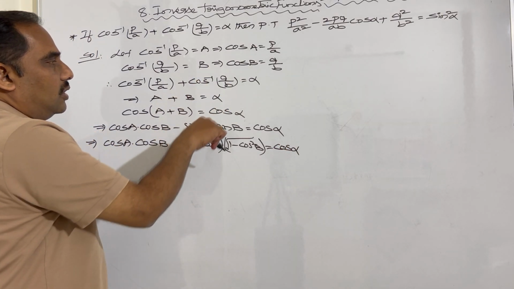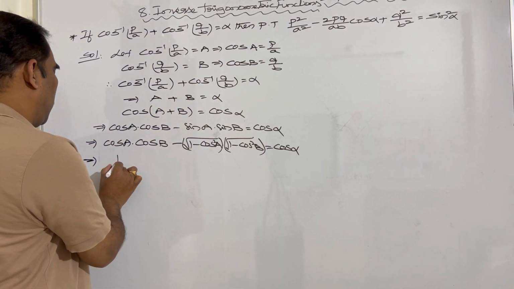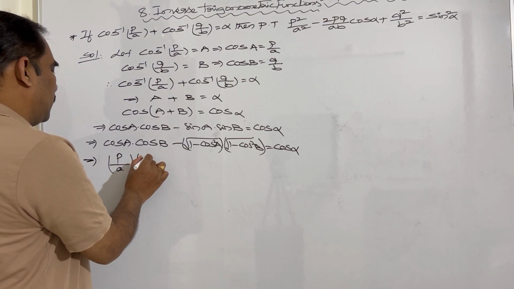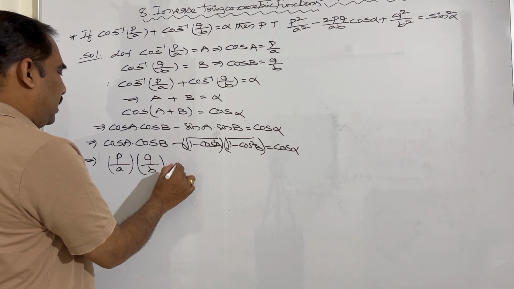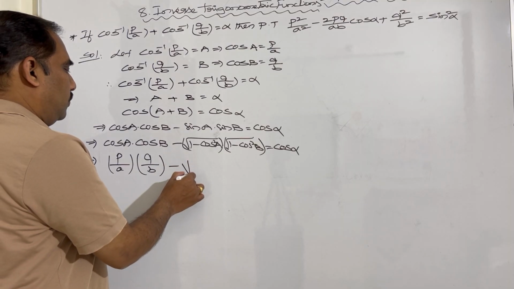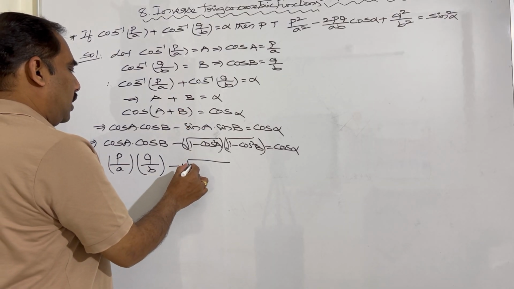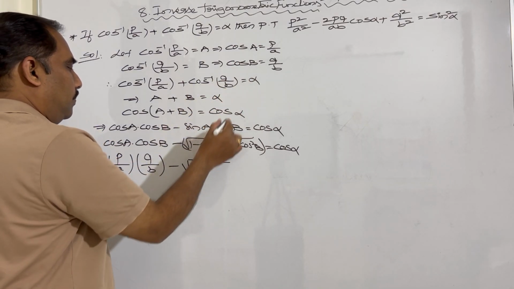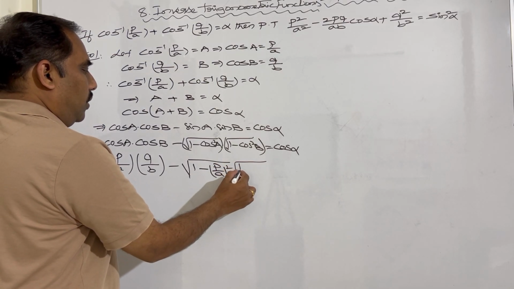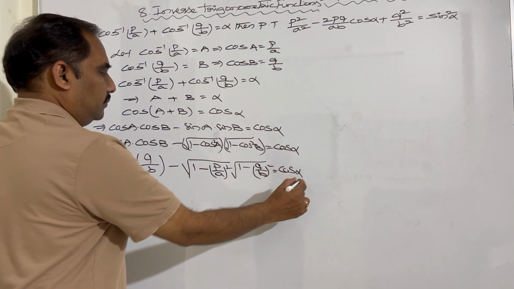Now we know the values of cos A and cos B, so substitute: cos A is equal to p by a, and cos B is equal to q by b. So minus root over 1 minus p by a whole square into root over 1 minus q by b whole square, which is equal to cos alpha.